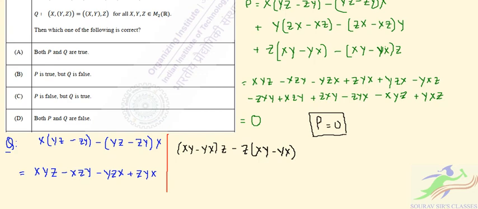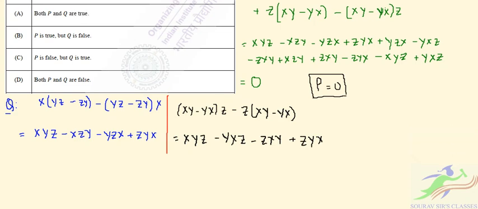We can write it in this form also: xyz minus yxz minus zxy plus zyx. So these two terms, the right hand side and the left hand side, must be equal for Q to be true.